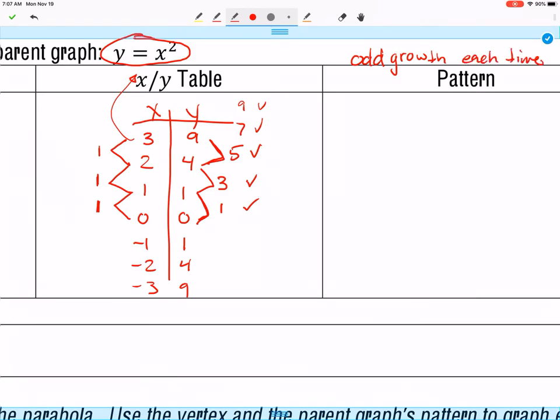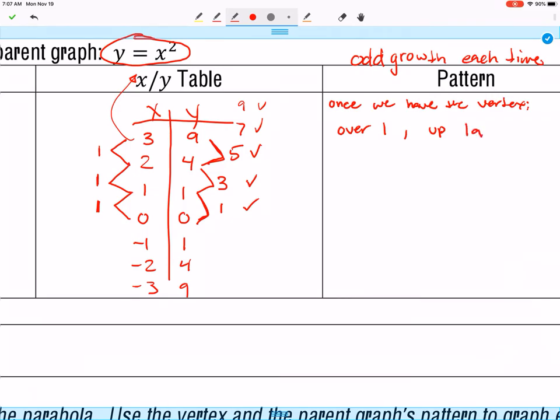Okay, so for example, once we have the vertex, we go over 1, and then we'll go up 1a.